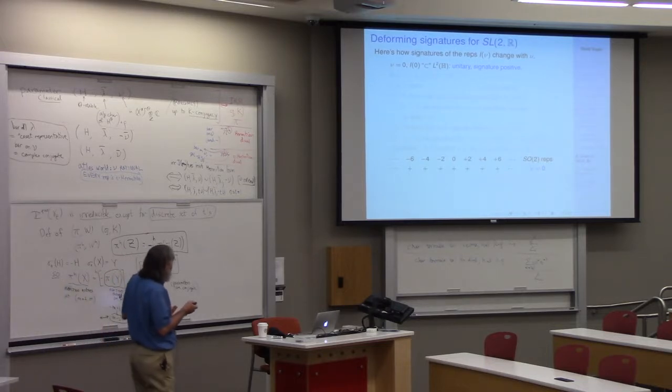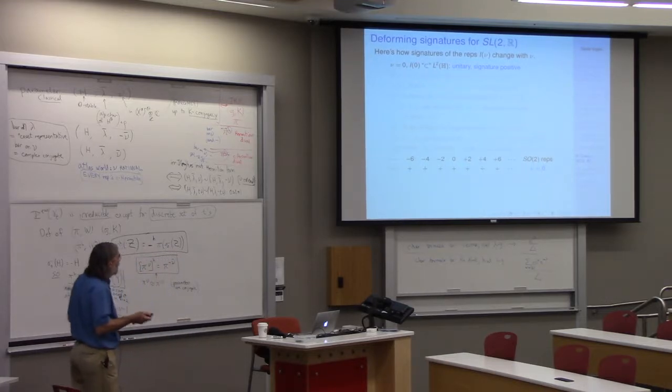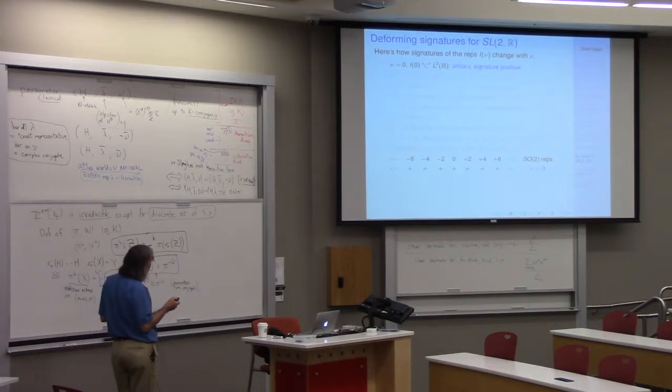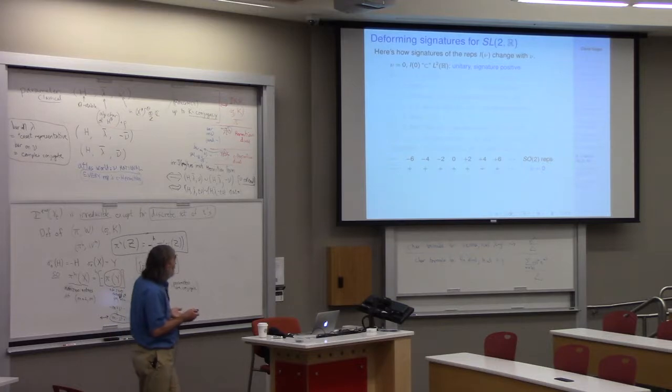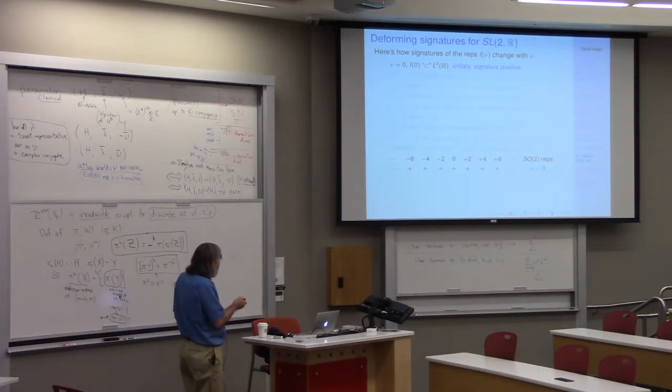So we're starting out at nu equals 0. And well, I meant to write L2 of G. This is a tempered representation. It's weakly contained in L2 of G. At any rate, the signature is positive. It's all pluses.